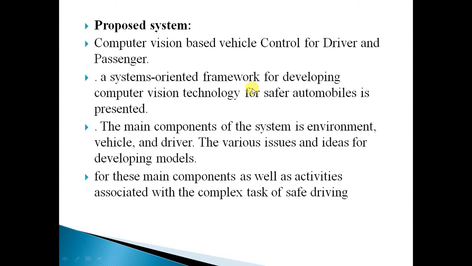Here, a system-oriented framework will be developed by using computer vision technology, which helps us to have a safer automobile. The main components of the system in the environment are the vehicle and the driver, the various issues and developing ideas by different developing models. These main components, as well as activity associated with the complex task, will help us to make safe driving.